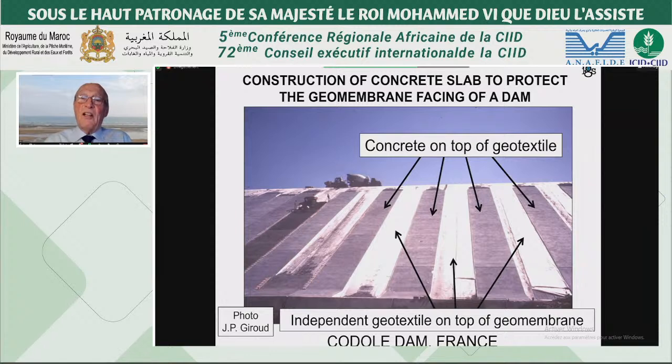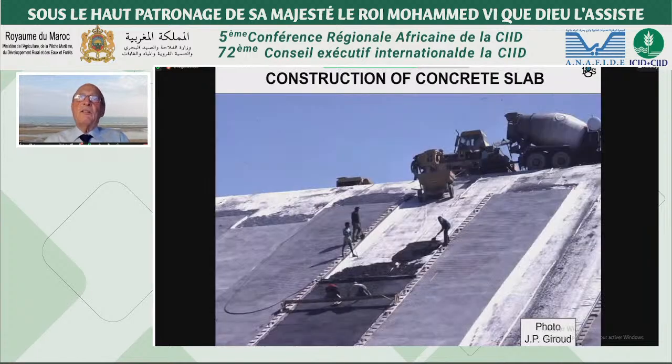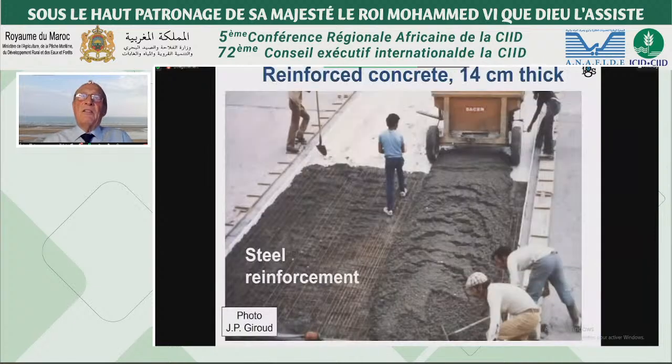And the geotextile is independent from the geomembrane, which is under it, to allow free movements if needed. There is no stability problem on this dam. We see the construction of the concrete slabs, and here detail, and the slab was 14 centimeters thick.